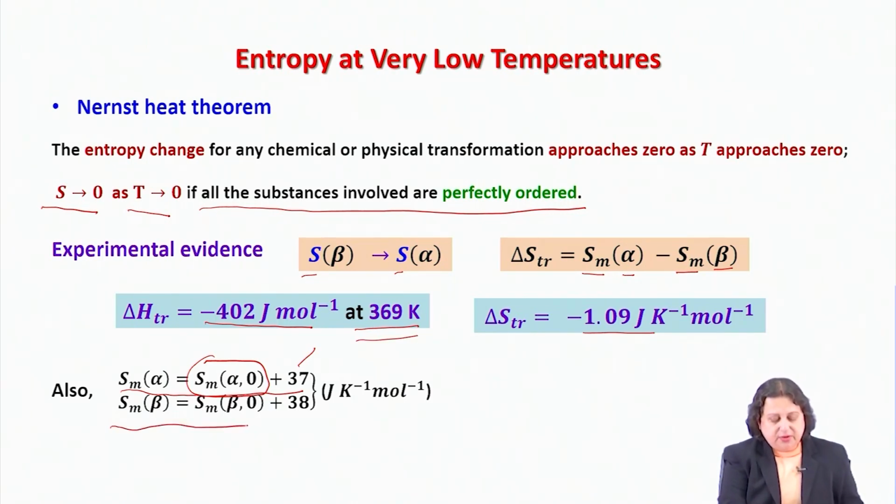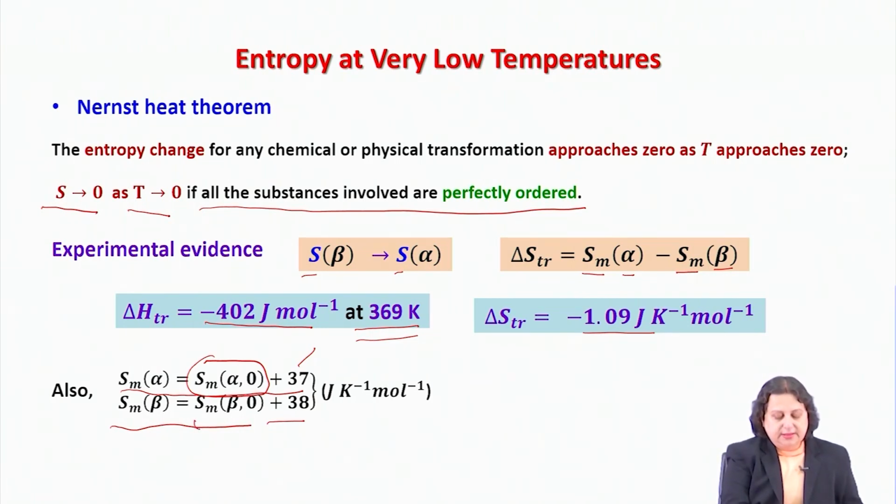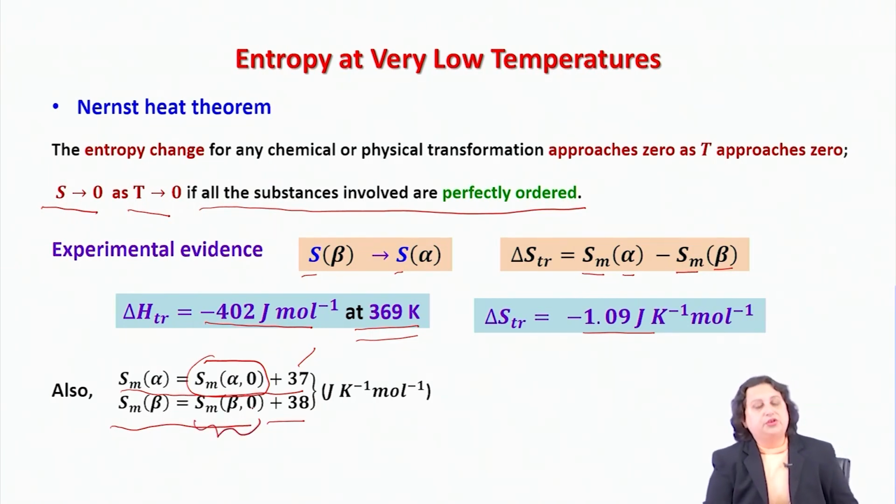Similarly, the behavior of the molar entropy of the beta phase was also monitored as a function of temperature up to 369 Kelvin, and it was found that this is given by the molar entropy of the beta phase at absolute zero plus this quantity.